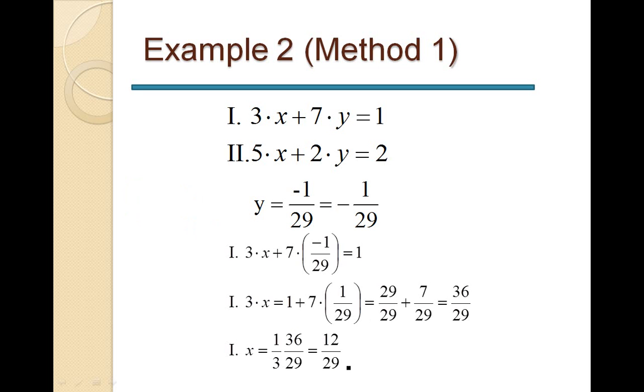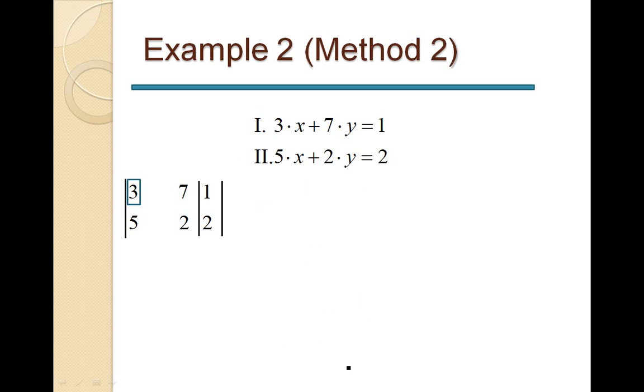Going back here, you saw our pair was 12 over 29, and the y value was minus 1 over 29. Now let's look at what we would do with the second method, which is also a very valid and very easy method. We look at the equations: 3x plus 7y equals 1, 5x plus 2y equals 2.